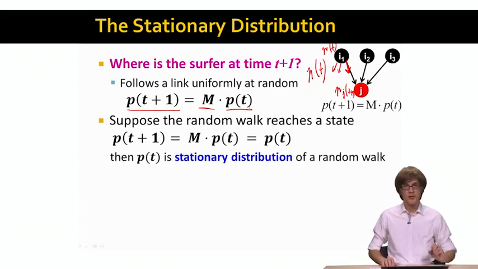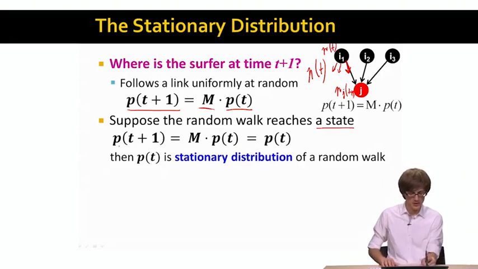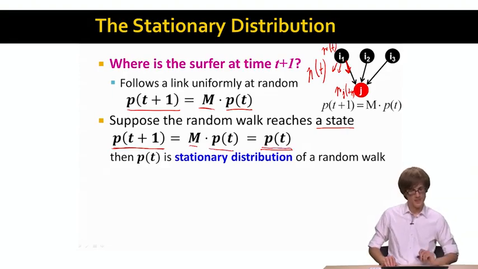So now, let's suppose the following. Let's suppose that the random walk reaches what is called a steady state, which means that the probability distribution at time t equals the probability distribution at time t plus 1. This means that p of t is a stationary distribution. So p of t plus 1 equals M times p of t equals p of t. Okay?